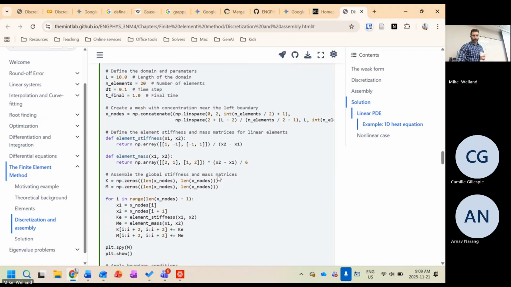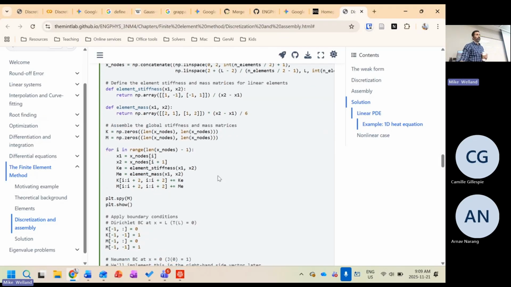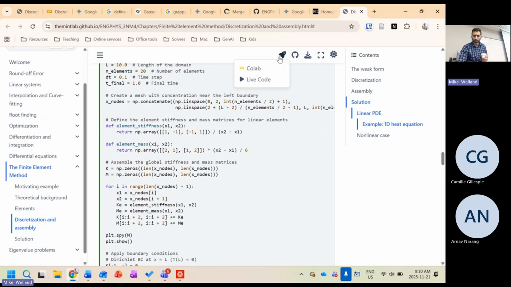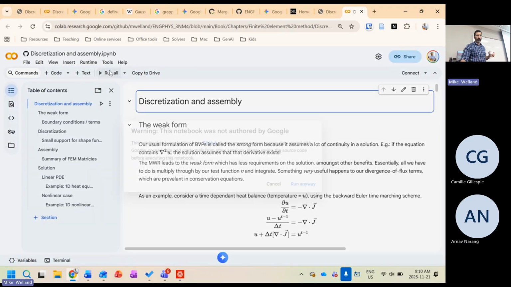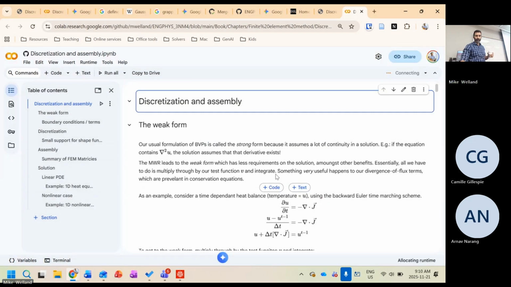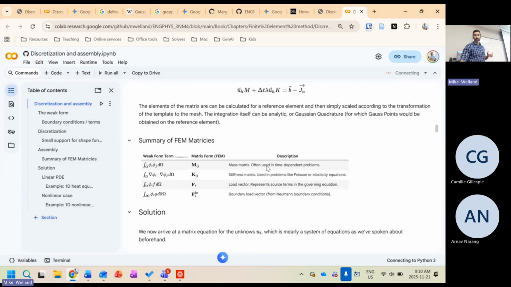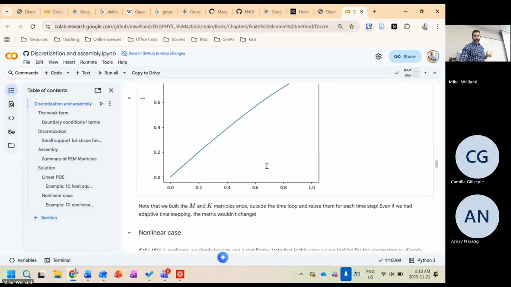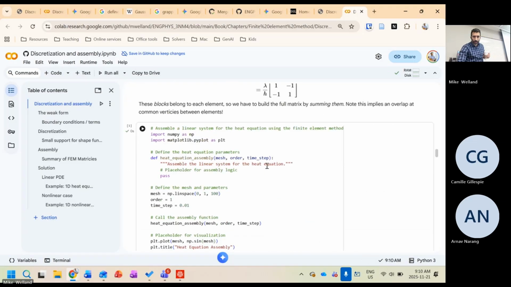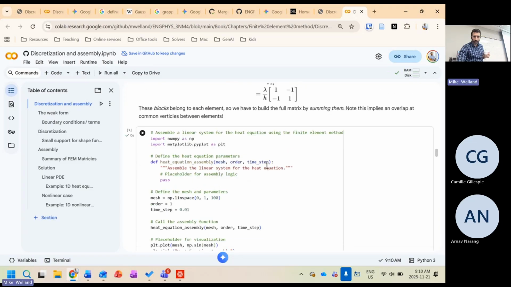Feel free to go through this if you really want. Oh, should launch this. Hold on. I was testing this code last night. It runs. It even gives the correct answer. Assemble a linear system.